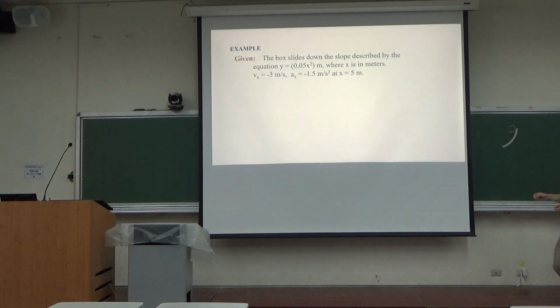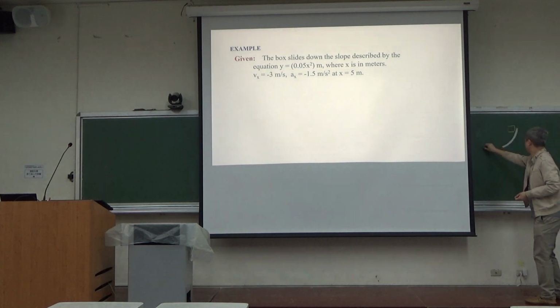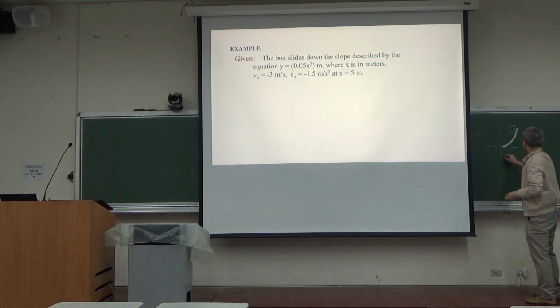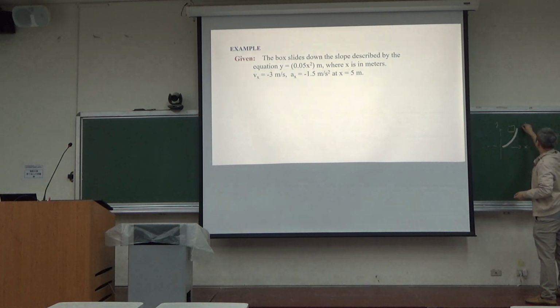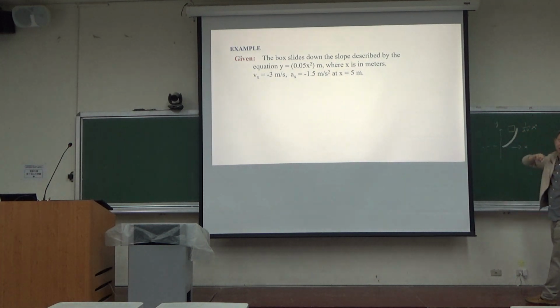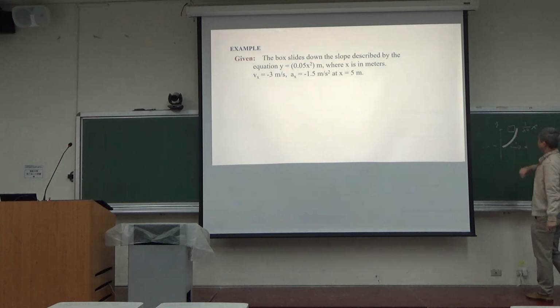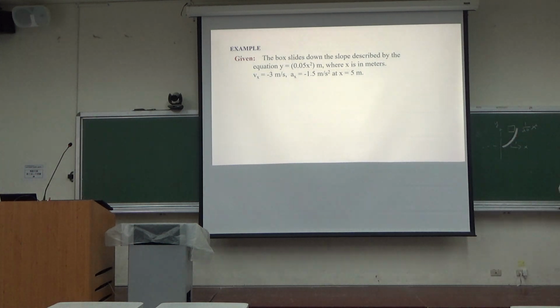So how much is this slope? If this is the x-axis and this is the y-axis, this slope is y = 1/20 x squared. So this is the height of the slope. But it didn't tell you the direction of the slide down.